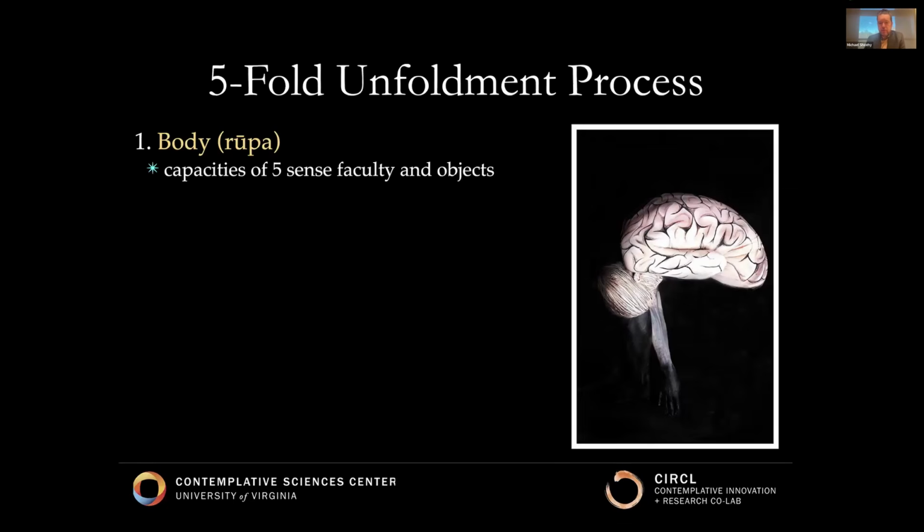And the first is simply that we have a body. By having a body, it means that we are an organism, and that our organism has the capacity of the five sense faculties: seeing, hearing, smelling, tasting, touching. That is to say, these five are fundamental for discerning the phenomenal world. We are sense makers; humans are fundamentally, primarily sense makers, that we make sense of our world through our senses and our sense capacities.